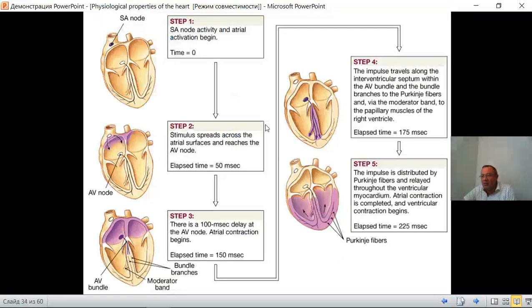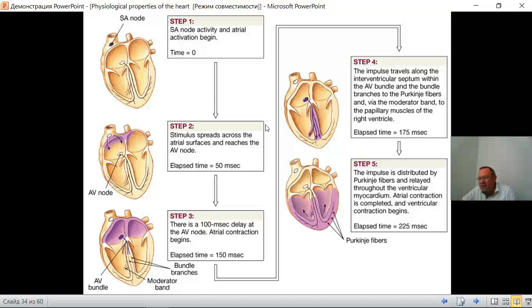On the scheme, you can see conduction of excitation in the heart. First step: SA node activity and atrial activation begin. Time 0. Next, step number 2: the stimulus spreads across the atrial surface and reaches the AV node.